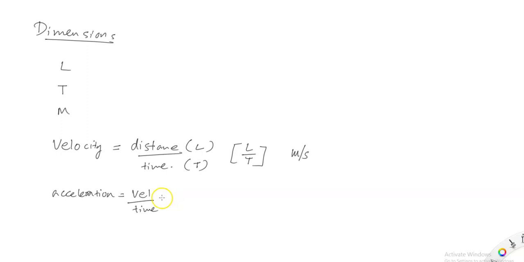Now if you think about the dimensions, velocity has dimensions of L over t, and then we're going to divide that whole thing again by t. So this becomes L over t squared. That's the dimensions of acceleration. And if you think about the units, that will be meters per second squared.